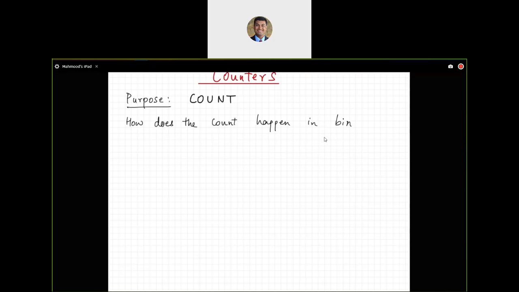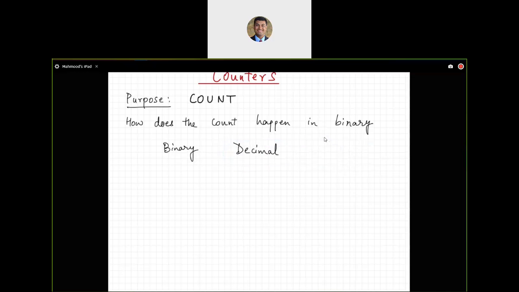Because these are all binary components, meaning their outputs can be 0, 1, 0, 1, 0, 1. So to look at counting in binary, we look at the conversion between binary and decimal. And we are looking at decimal because everybody is familiar with this number system from a very early age.